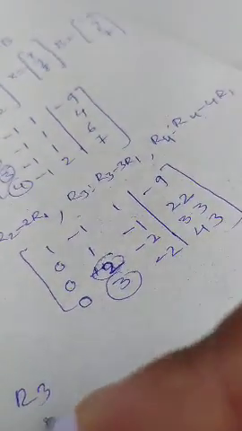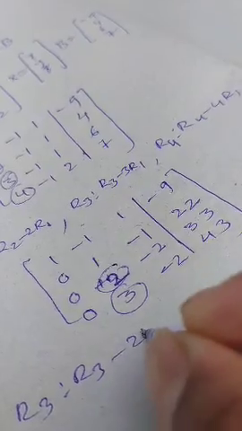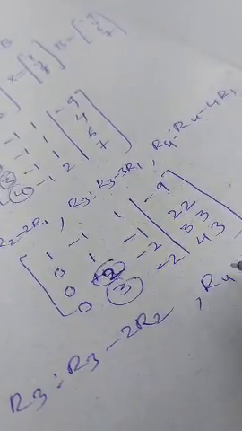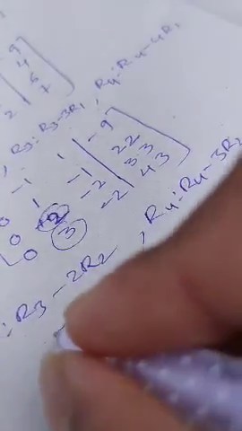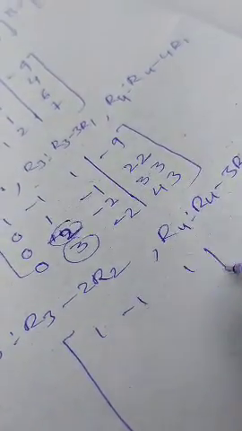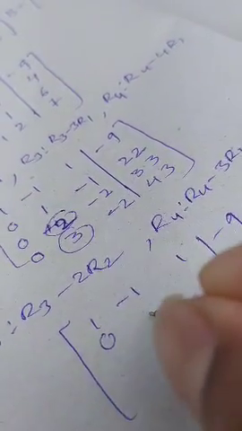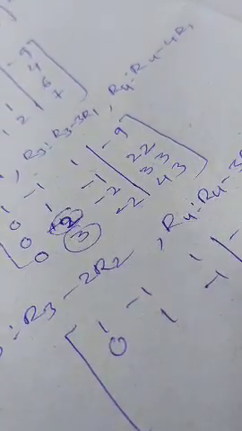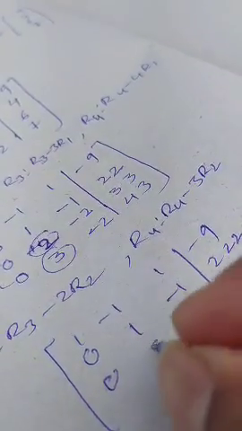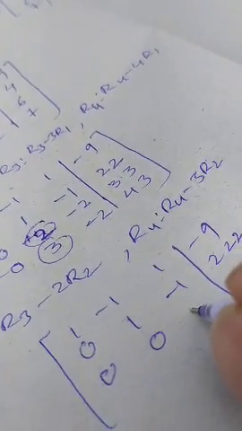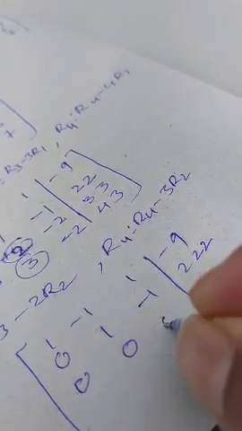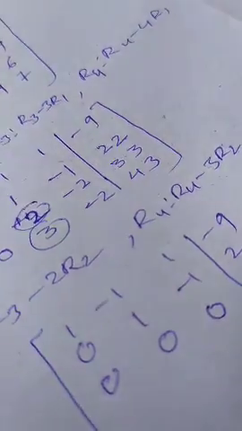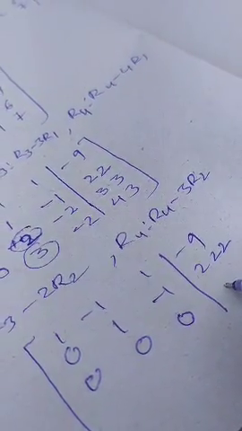Okay, now I will make these two elements 0. So R3 minus 2R2, R4 minus 3R2. Then the first row is as it is, the second row is as it is: 0 1 minus 1 22. Here 0 0, and you will get 0 again, and here minus 7.